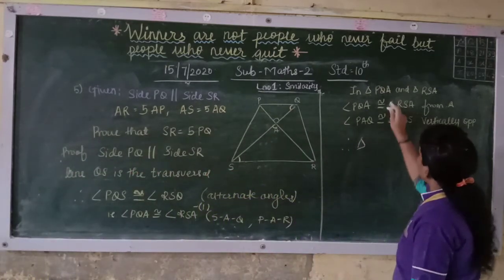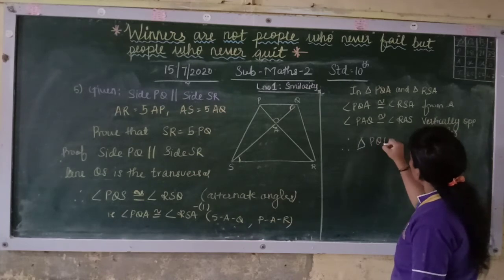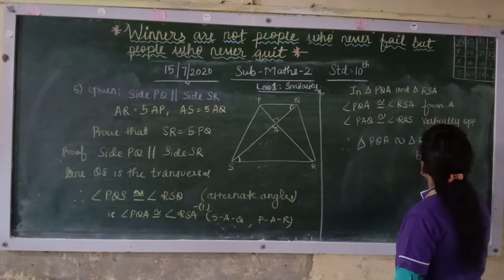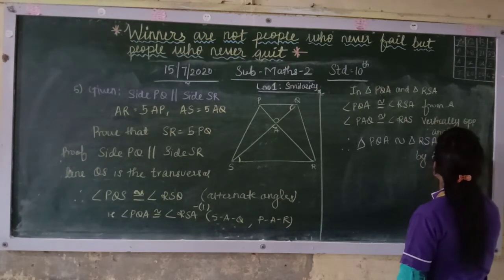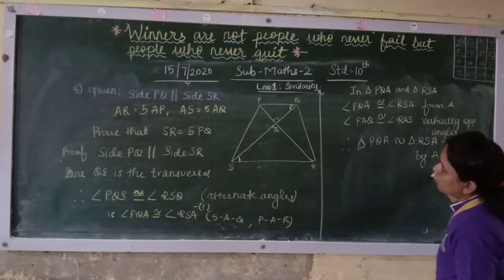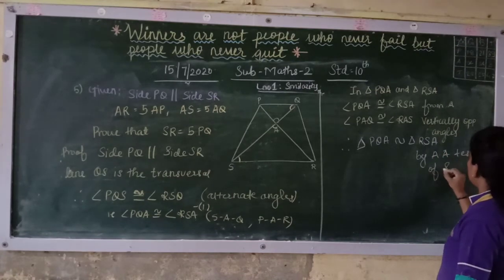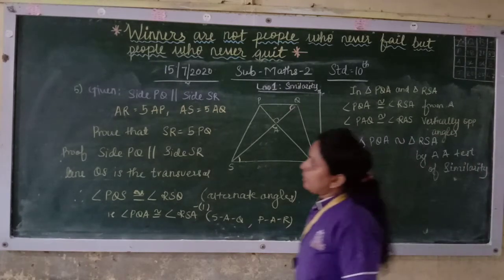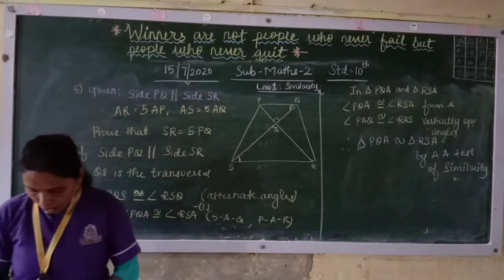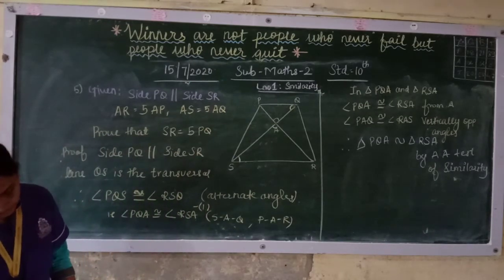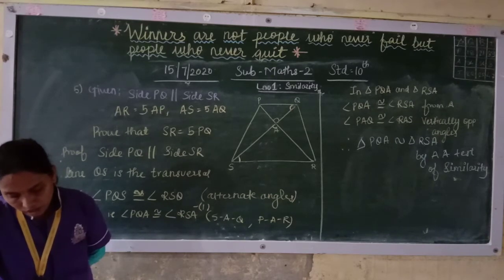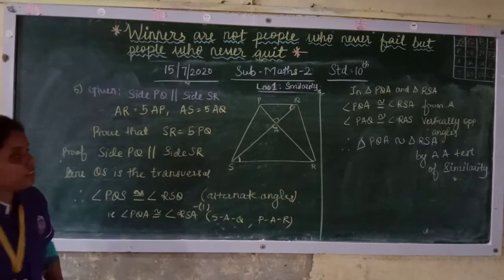Therefore, triangle PQA is similar to triangle RSA, as two angles are there, so it will become the AA test of similarity. Now if you are getting similar triangles, then you can take the sides which are in proportion.